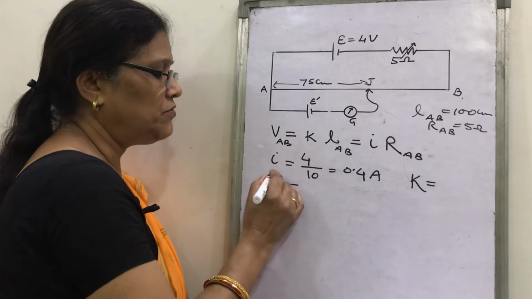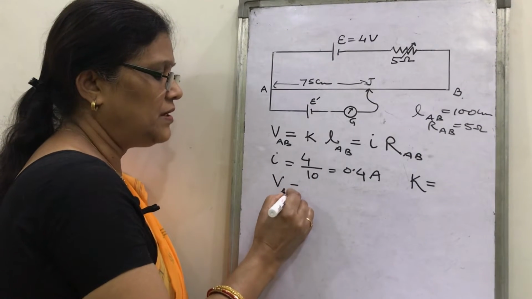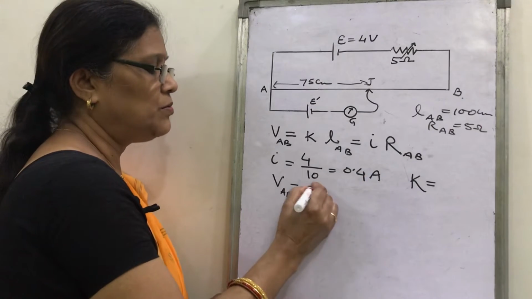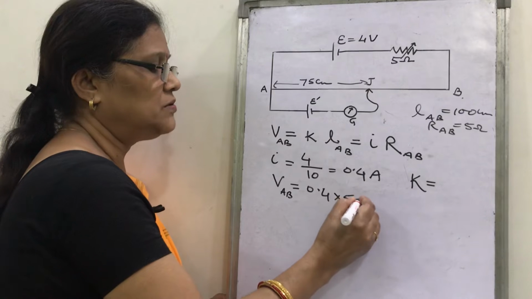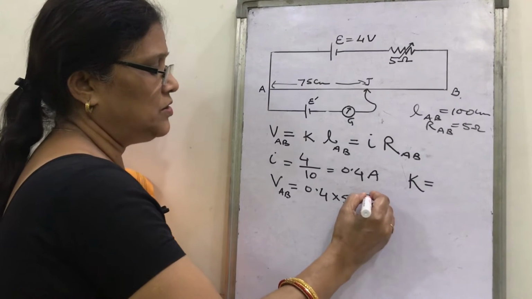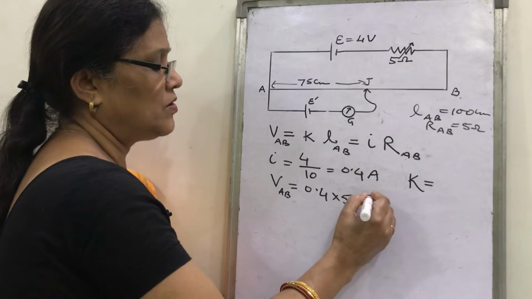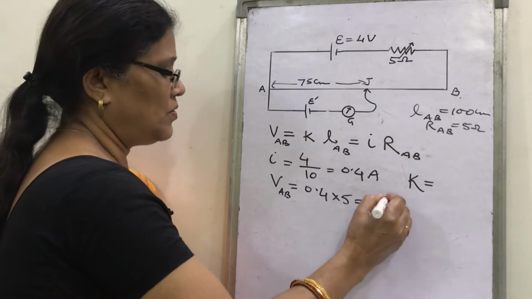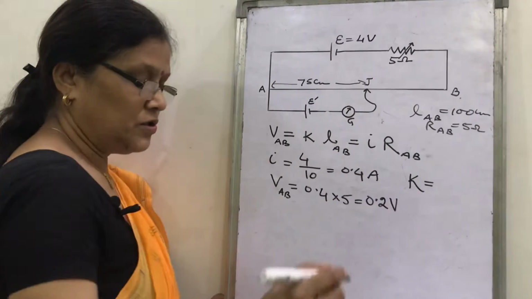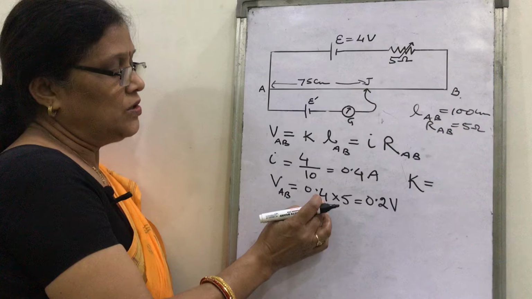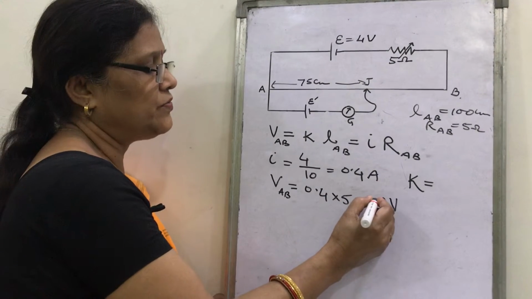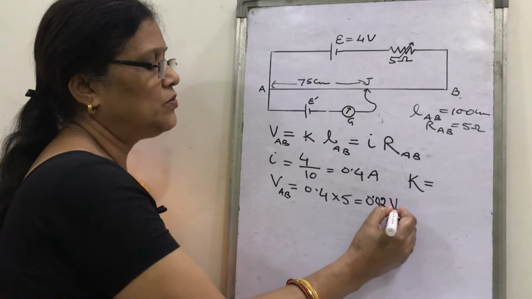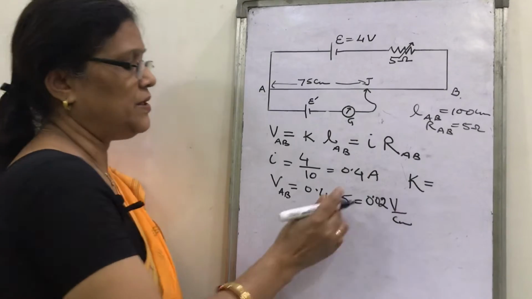So VAB equal to 0.4 into what is RAB? 5. So it is 2 volt. So 0.4 into 5, so 0.02 volt per centimeter.